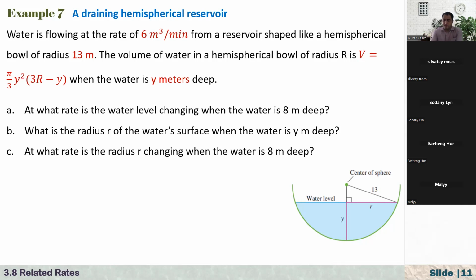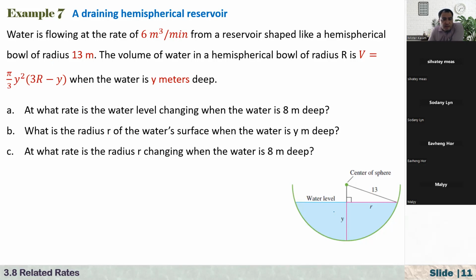Just 1 minute, okay, and I check something. I just want to make sure that actually here this r in the formula must be the radius of the sphere, okay?